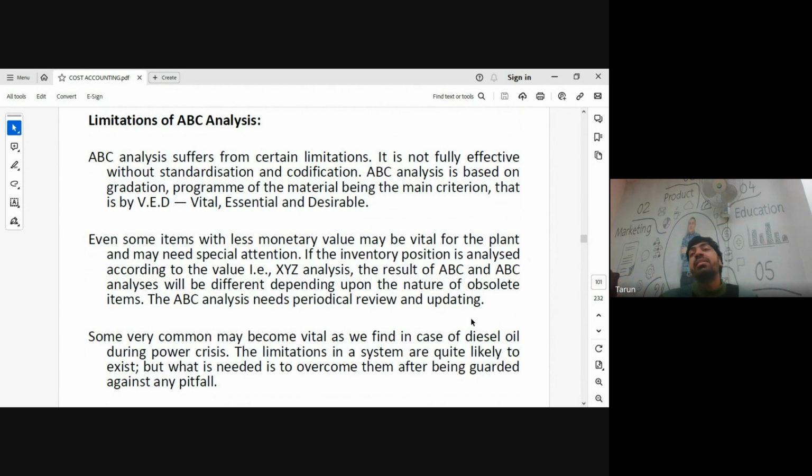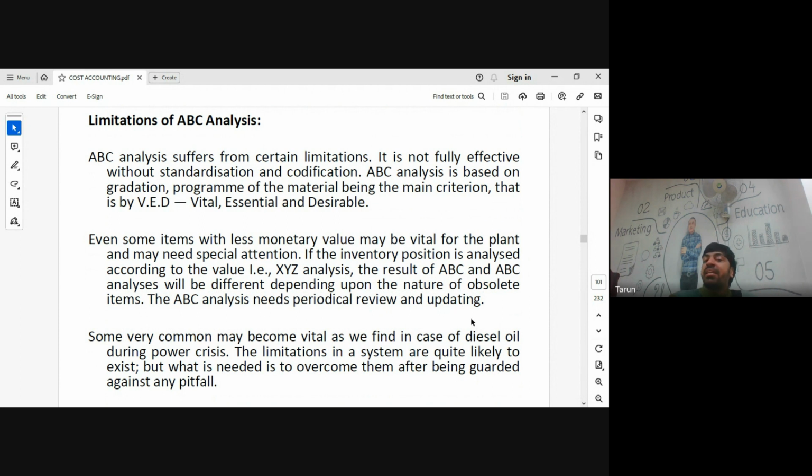ABC analysis is based on this, but it's not effective until it records the standardization and codification. Next disadvantage is, even some items with very little monetary value may be vital for the plant and may need special attention.